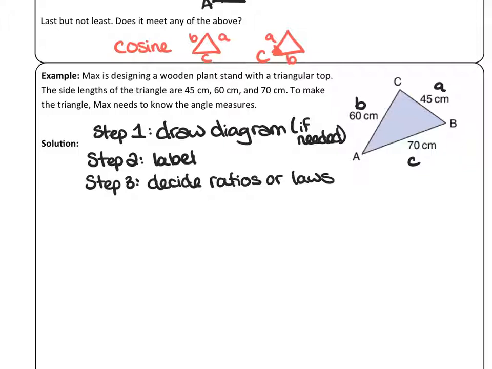I'm not sure that I have a 90-degree angle, so we'll go right to the laws. So our choices are sine law or cosine law. From this one, I notice that I have all 3 sides, and as soon as I have all 3 sides, I know that I'm going to use the cosine law. So for this example, we're going to use the cosine law to start with.